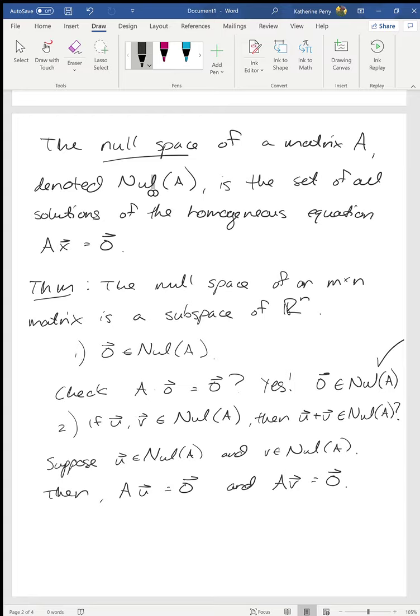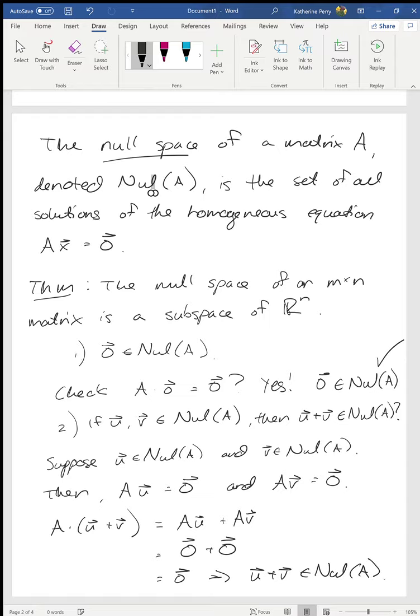And so now I just need to check that A times (u plus v) is equal to 0. But we know by properties of matrix multiplication that this is equal to A times u plus A times v, which we know by definition of u and v being in the null space is equal to 0 plus 0, 0 vector, sorry. And so this implies that u plus v is in the null space of A.